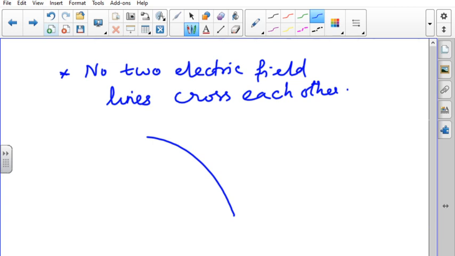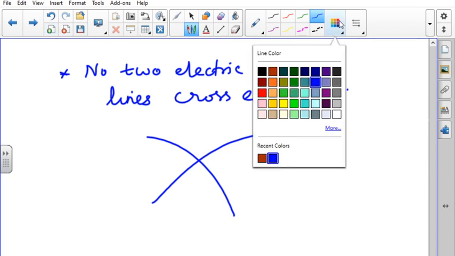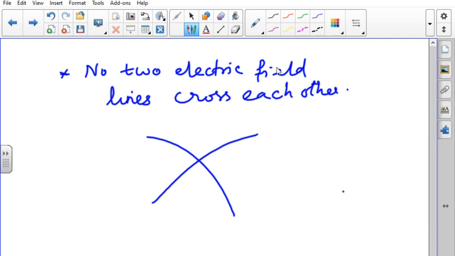And how do you represent the electric field vector? Then this is another electric field line. Now let me show an electric field vector. The electric field vector is represented at point P. Now the fact is that no two electric field lines cross each other.